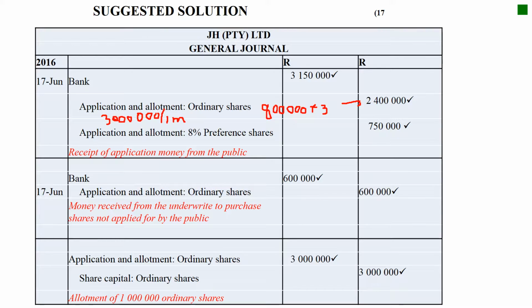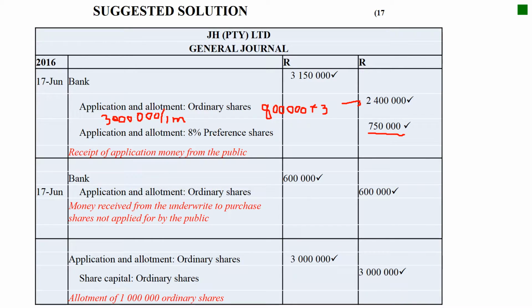The other one is for the 8% preference shares. These were 300,000 that were fully subscribed, meaning that we multiply the 300,000 by 2 rands 50, that gives us 750,000. They were actually issued for a consideration of 750,000. So to find the value of each share, we simply divide 750,000 by the number of shares that were issued.